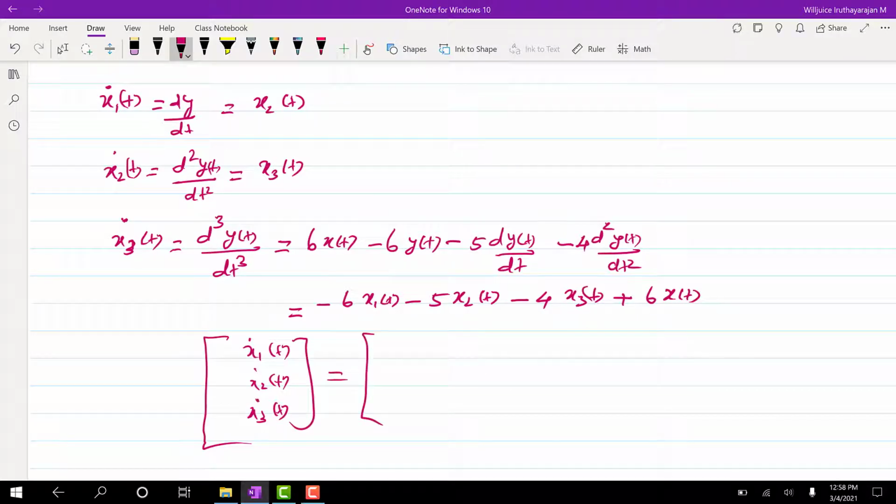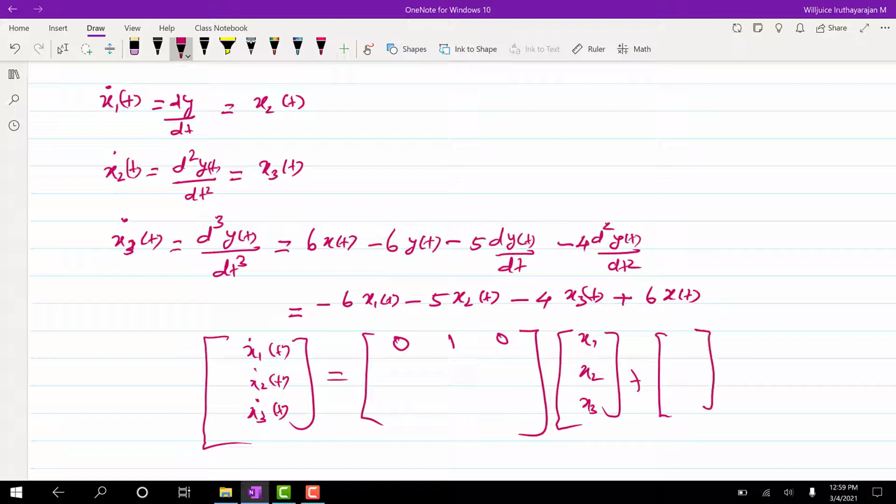We know x1 dot is equal to x2, so 0, 1, 0. You have the state vector x1, x2, x3, plus we have only one input, so u. So x1 dot depends only on x2, so 0, 1, 0, and the corresponding input coefficient is 0. Then x2 dot of t is equal to x3 of t, so 0, 0, 1, and the corresponding input coefficient is 0.